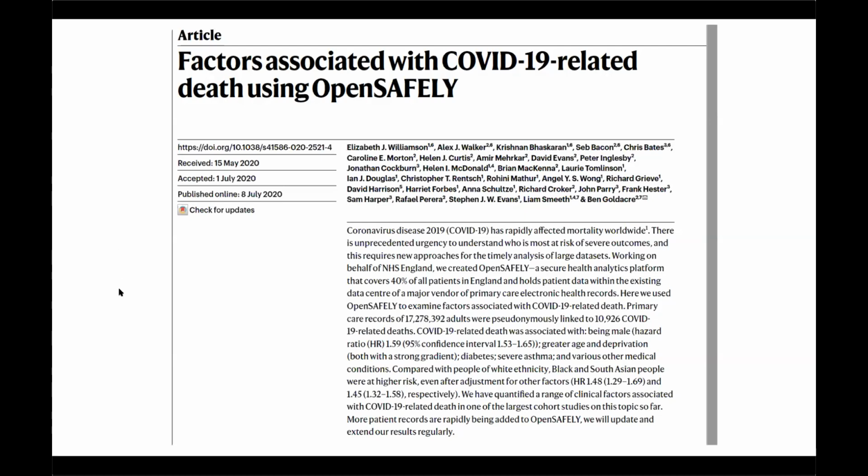But in this case, it's a very, very large-scale study. So they've analyzed primary care records of over 17 million adults, out of which at the time, about 11,000 were COVID-19 related deaths.